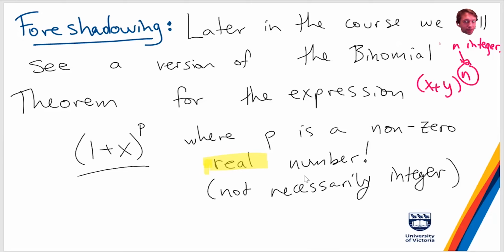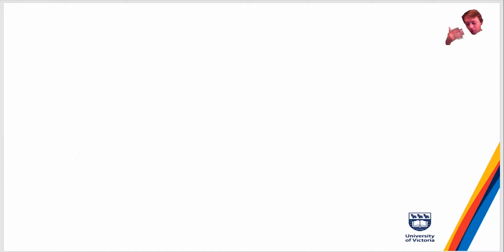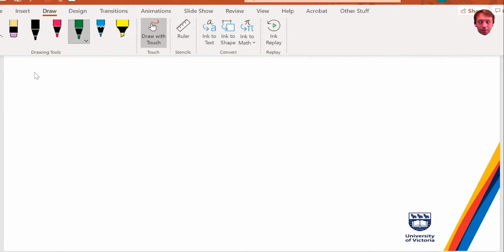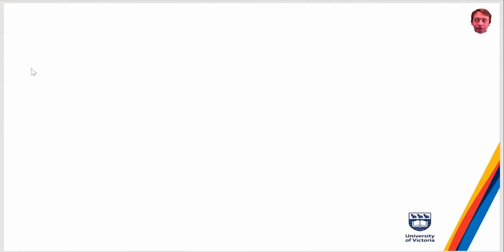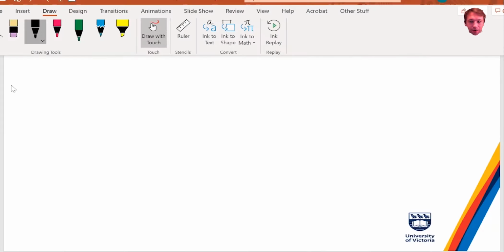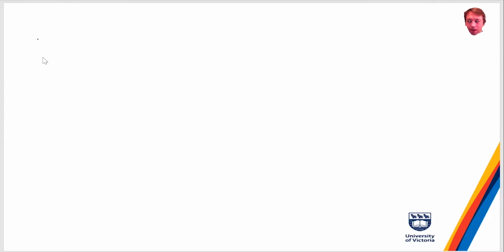If I take something to a real number, so let's say (1 plus x) to the p, where p is a non-zero real number, not necessarily an integer, it's also interesting to think about what's the expansion of this. Also, it's interesting to think, what do I even mean by expansion? But that's something that we're going to do later in the course. So that's just a bit of an advertisement for something coming later.